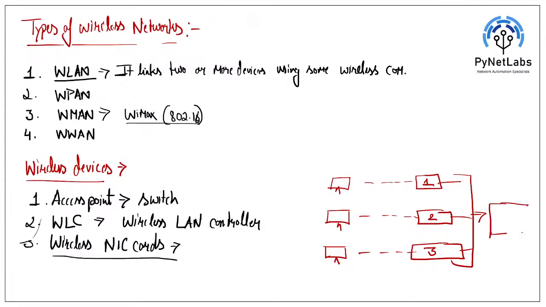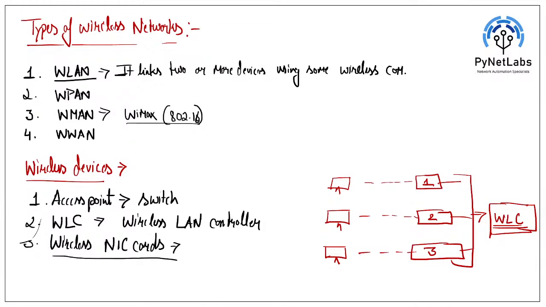So we can say this is your WLC, Wireless LAN Controller. So this is how the entire topology works, and these wireless LAN controllers are going to provide centralized management for all the access points in the network.